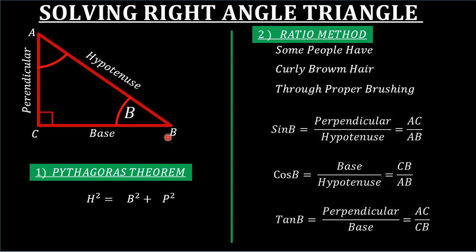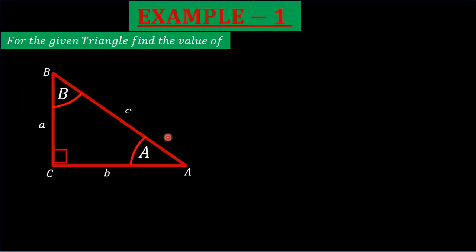Let us now apply these methods to the problem. Consider a right angle triangle in which you are given the right angle at C. Angle A and B are given, which are the complementary pair of one another. The side opposite to the vertex A is named as small a, the side opposite to the vertex B is named as small b, and the side opposite to the vertex C is named as small c.